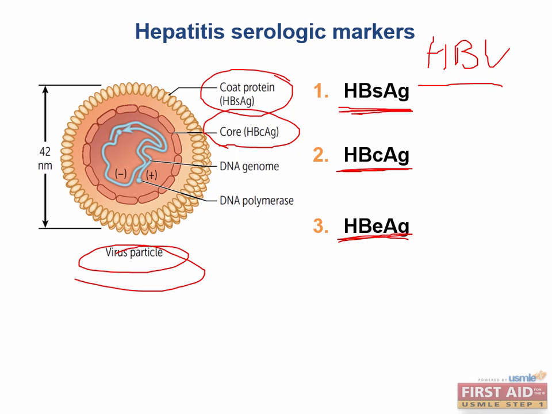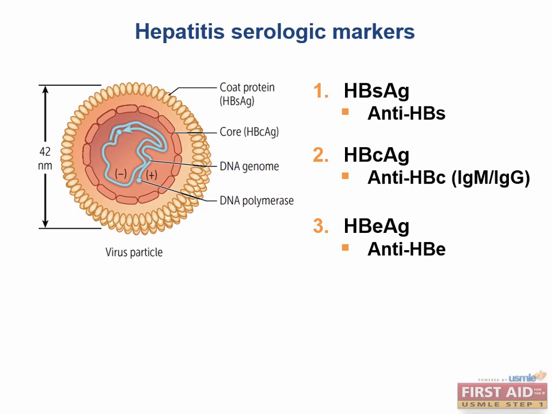These antigens are found on the surface or inside the virus, like I just said, and in response to this infection, our immune system produces antibodies against these three antigens, including anti-hepatitis B surface antigen, anti-hepatitis B core antigen, and anti-hepatitis B e. These are all immunoglobulins that we can measure in our bloodstream and give us an idea of how or if our body is successfully fighting the infection.